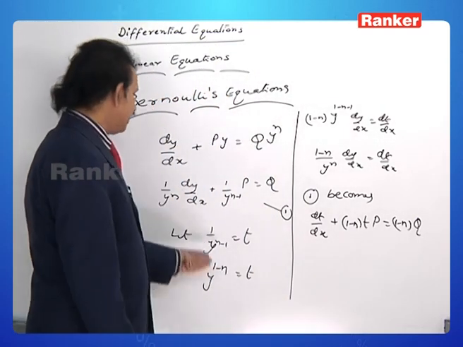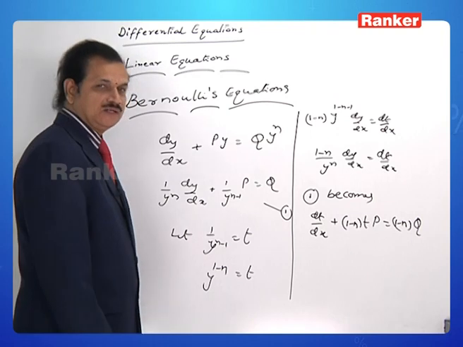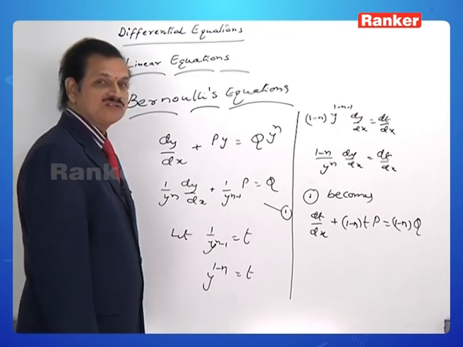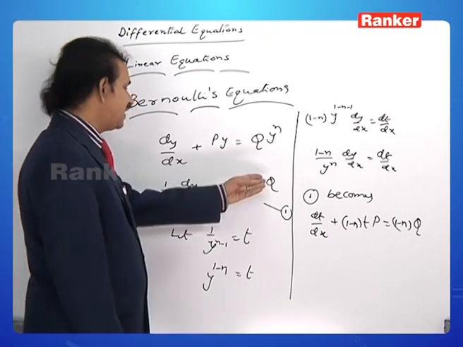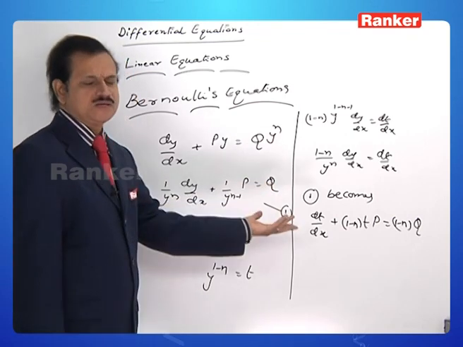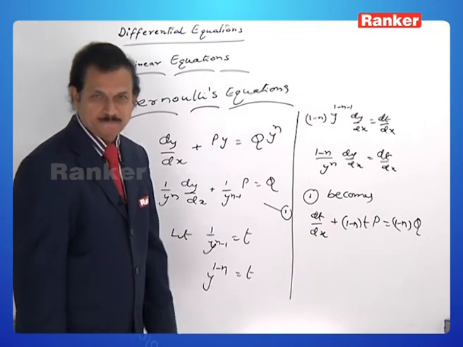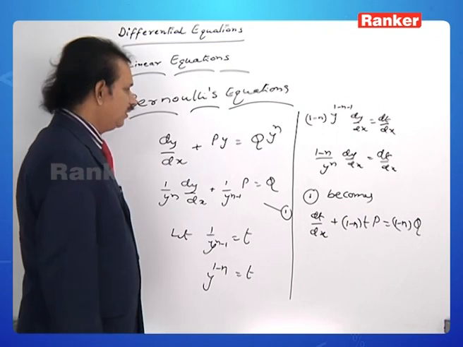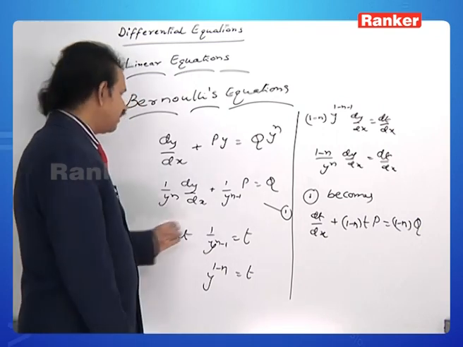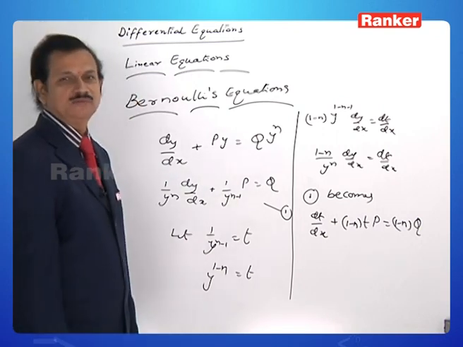You see, we divided entirely by y power n. Why should we? Unless we do, this cannot be converted into linear form. On the right hand side, Q or a function of x must only be present, isn't it? For that purpose only, we divided the entire equation by y power n.